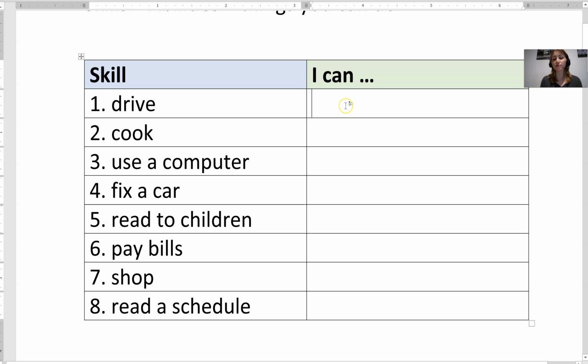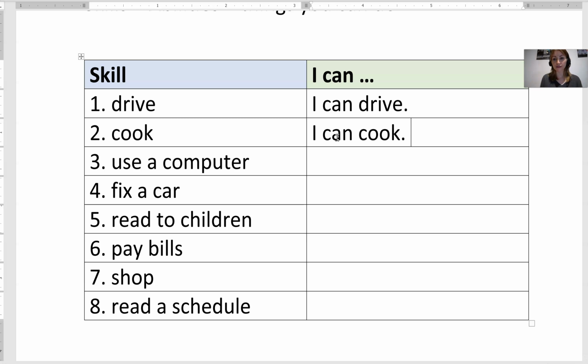So here we're going to write some sentences with can. Remember, can means yes, it's positive, something I can do. I'm going to use me for the example. So number 1, drive. I say yes, I can drive. I can drive a car. Number 2, cook. Yes, I can cook.